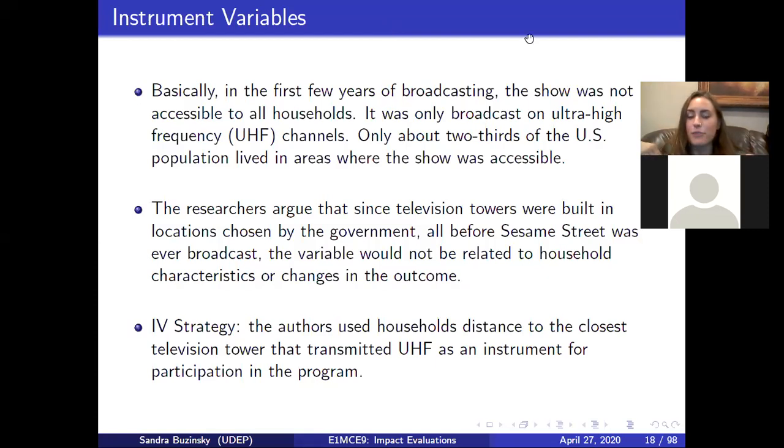Who thinks that the relevance assumption is satisfied by the IV, distance to this special tower that transmits Sesame Street? Is that relevant? Yeah, I think it's probably satisfying that restriction because you're very likely to watch Sesame Street. Come on, you guys, I believe in you. Do you hear me?